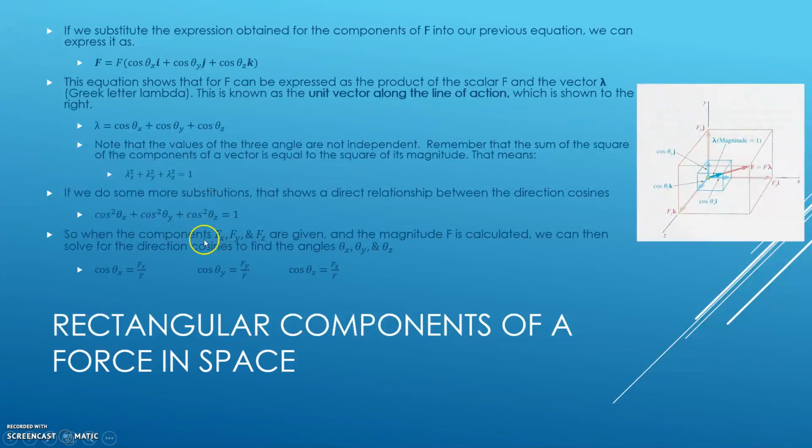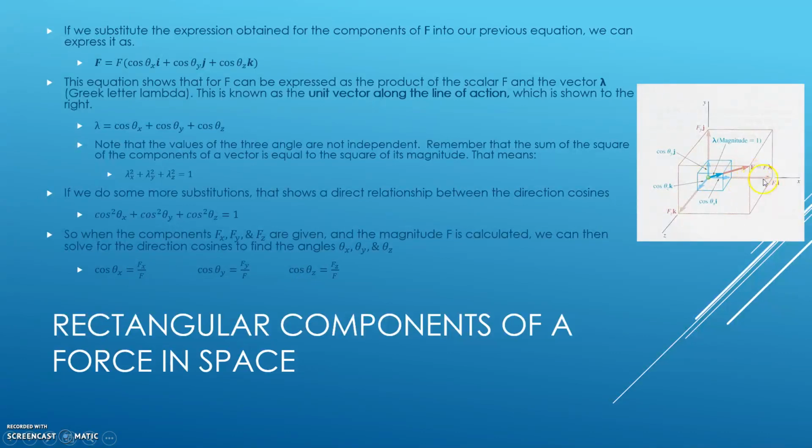So that means when the components F sub x, F sub y, and F sub z are given, which a lot of times they are, and we calculate the magnitude of F using the Pythagorean theorem, we can figure out the direction cosines for them. That's just taking the adjacent over hypotenuse for each triangle that's formed.